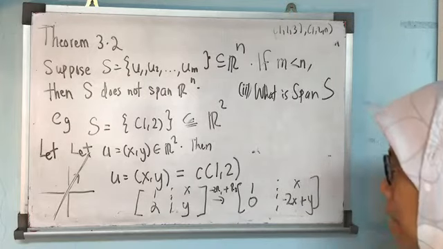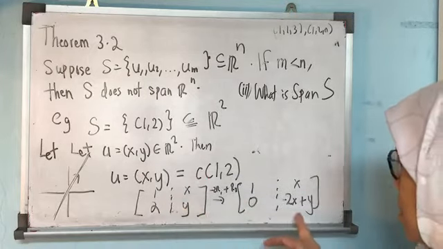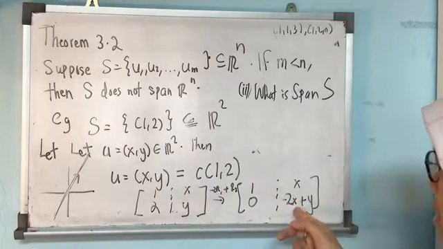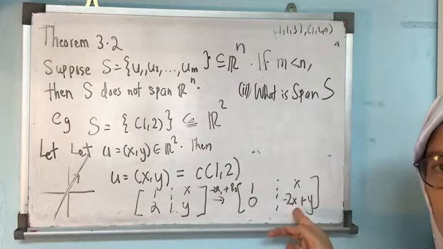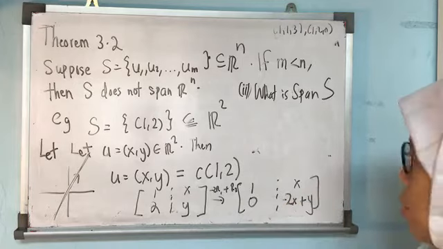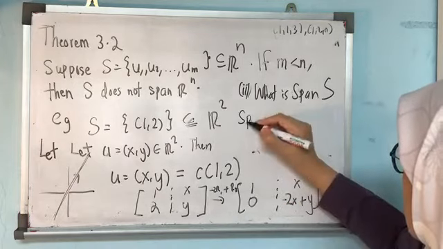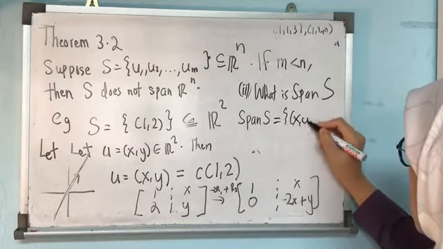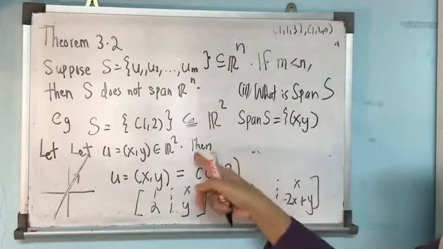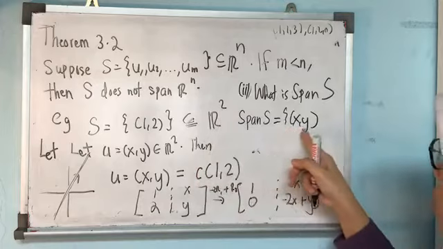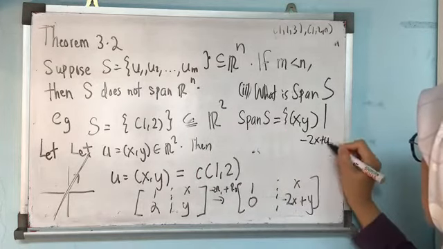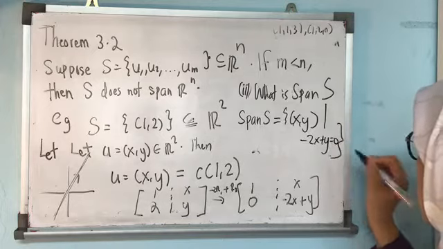But since you have done this, it's much easier. Span S is this, but you have to set it equal to 0. So span S is XY, because it's part of R2, such that negative 2x plus y is 0.